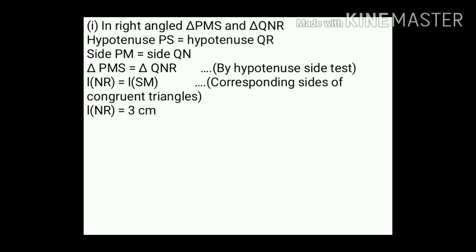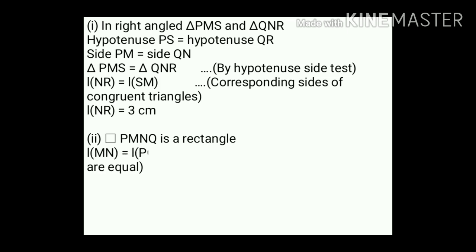Now next, quadrilateral PMNQ is a rectangle. Length MN equal to length PQ equal to 7 centimeter. Opposite sides of a rectangle are congruent. Opposite sides are always congruent in a rectangle, children.